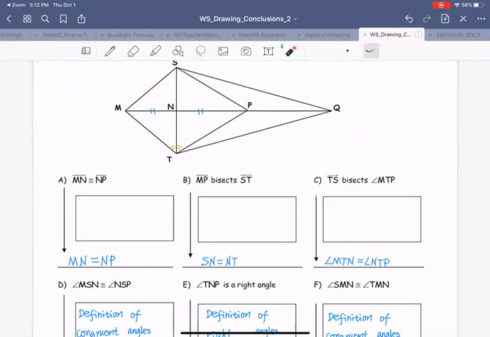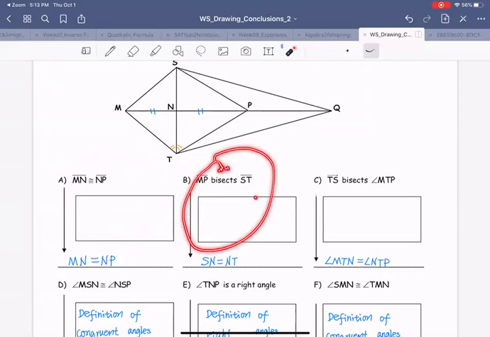Okay. So MN equals NP. The segments are equal. Definition of congruent segments, remember? And this one is who?